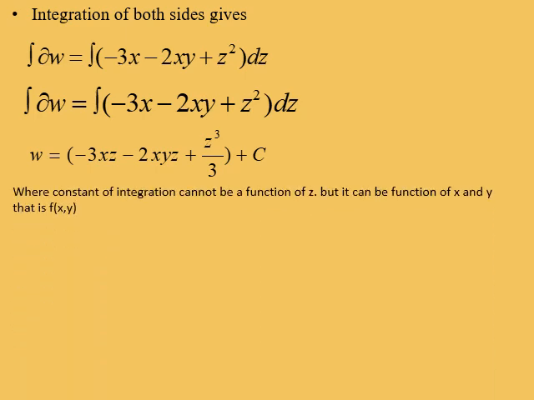The constant of integration cannot be a function of z here, but it can be a function of x and y. So w = −3xz − 2xyz + z³/3 + a function of x and y. That is the third velocity component w in the z direction in case 1.